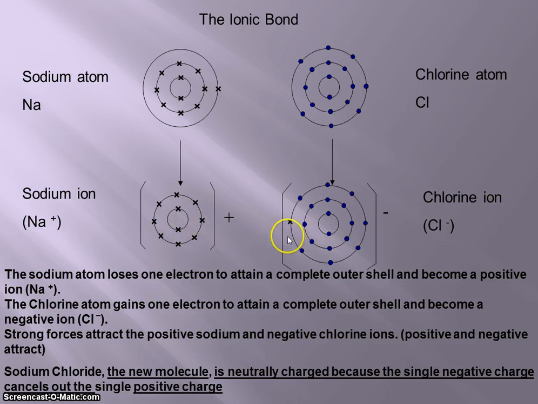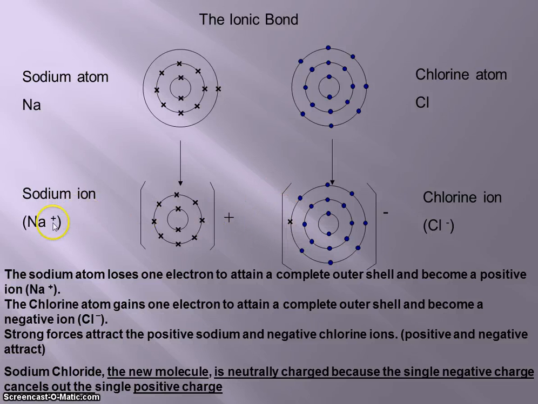And they get near each other so that sodium loses its electron to chlorine. Sodium is positively charged, chlorine is negatively charged, and now the new molecule is neutral because the positive is attracted to negative when they're together.